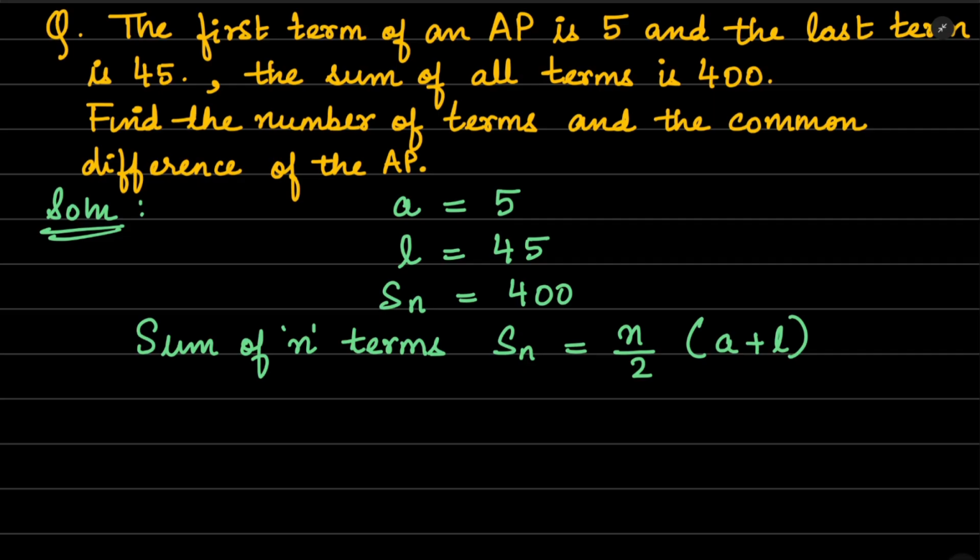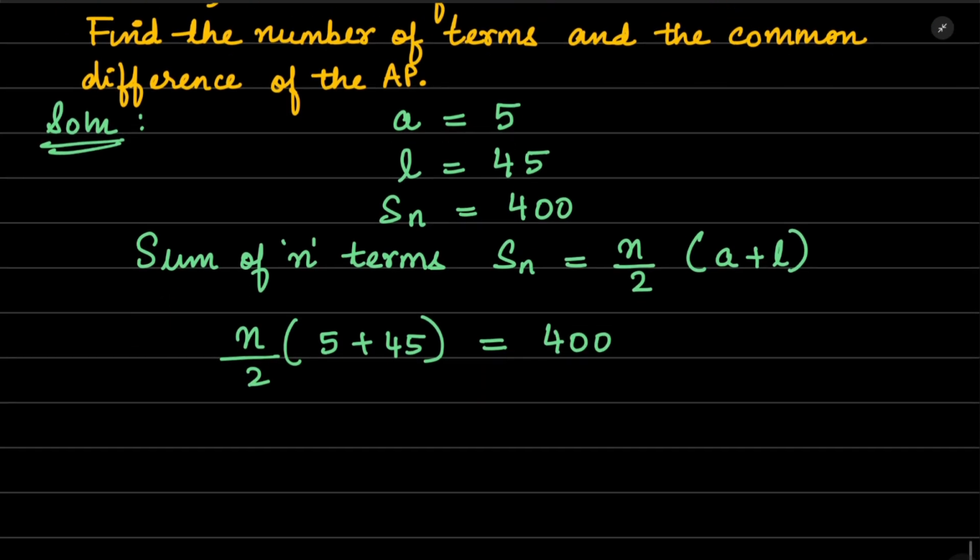I'm going to write RHS first. So n by 2 into a, which is 5, plus 45, is equal to 400. Sn is 400. Sum of n terms is 400. So n by 2 into 5 plus 45, which is 50, equal to 400.